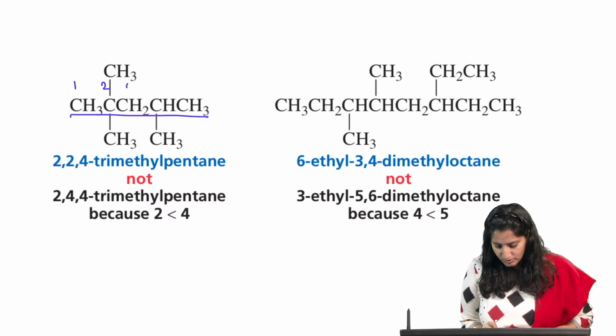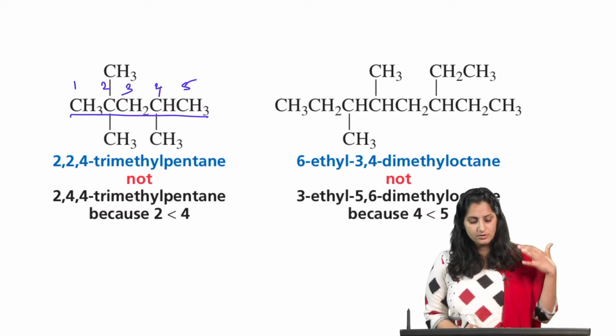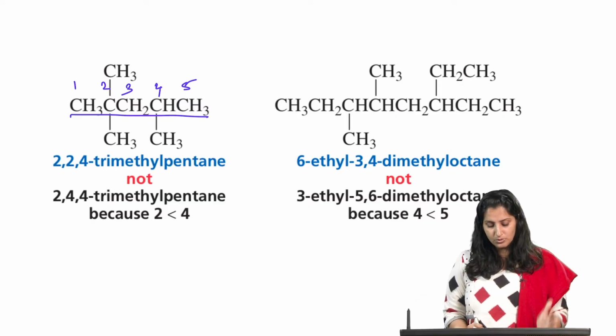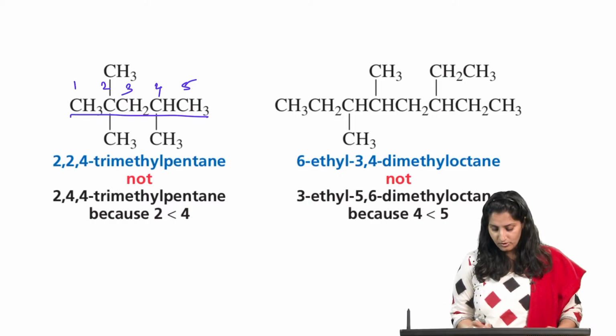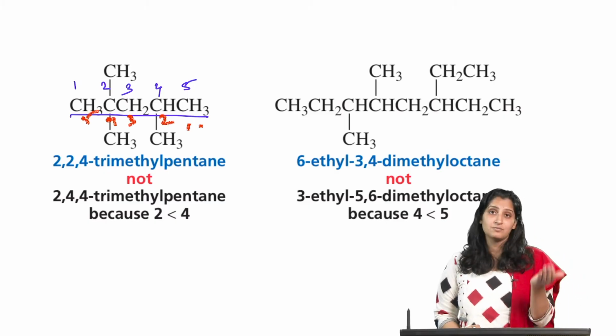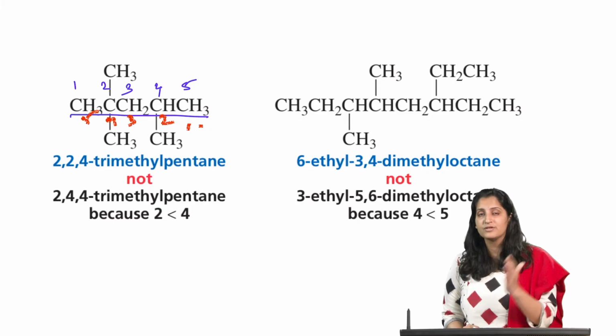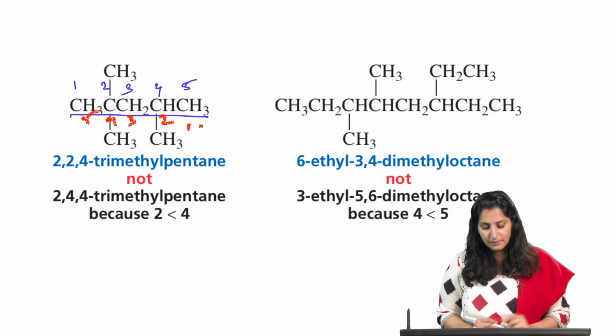So, 1, 2, 3, 4, 5, right. Now, that will give me 2 substituents on 2 and 1 substituent on 4. If I start numbering it the other way round as 1, 2, 3, 4, 5, that is wrong because that gives me 2, 4, 4, which is wrong because 4 is more than 2. So, in this case the numbering in blue is better.